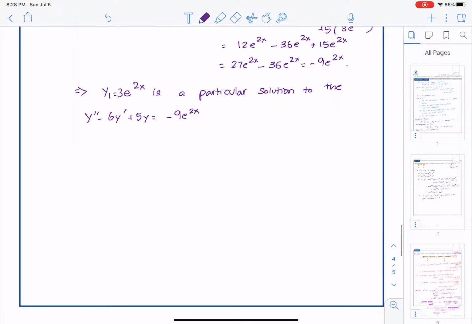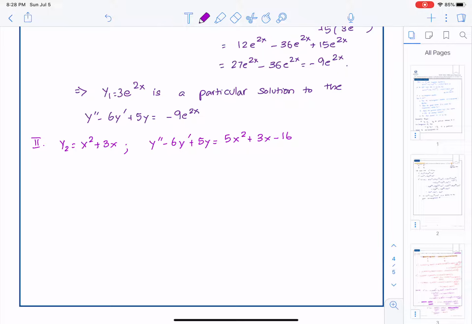The second equation has a solution x squared plus 3x, and the equation is y double prime minus 6y prime plus 5y equals 5x squared plus 3x minus 16.